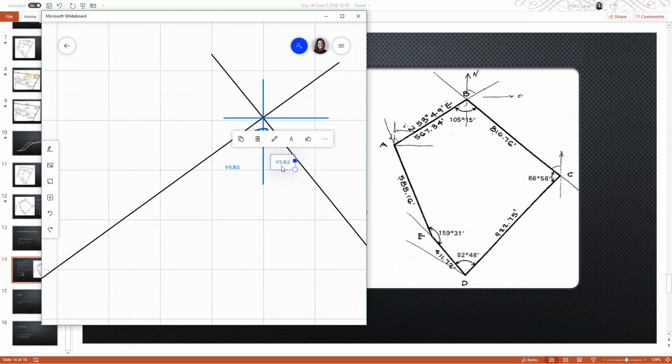Don't forget to convert that 15 to 25. Yep. So 105.25 minus 53.82 gives 51.43. All right.